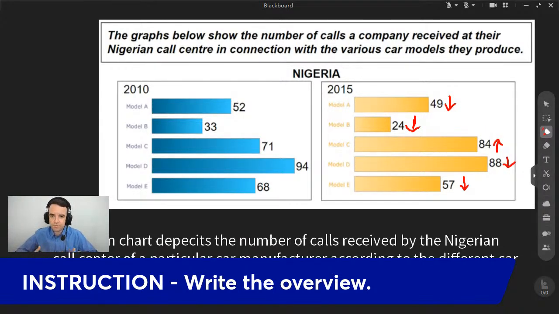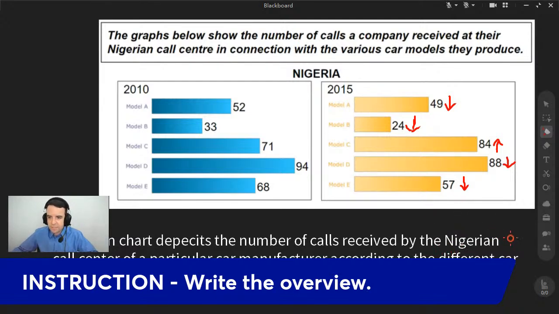You want enough detail that it's going to get you a high score. So just one sentence covers what we have here: the number of calls received for every model decreased except for model C. I've said everything in relation to the increases and decreases quite briefly.